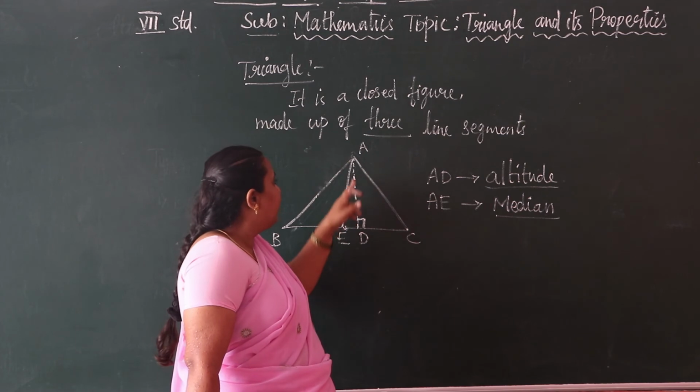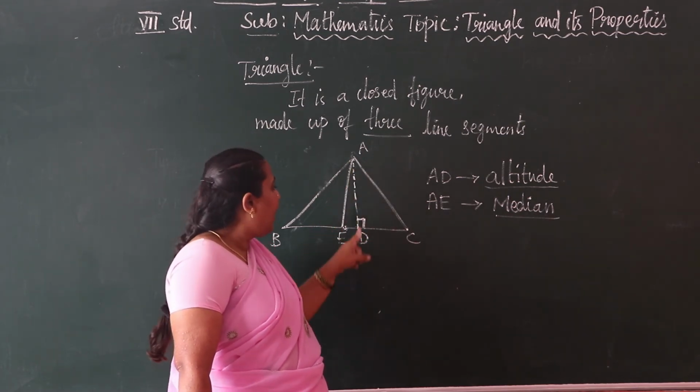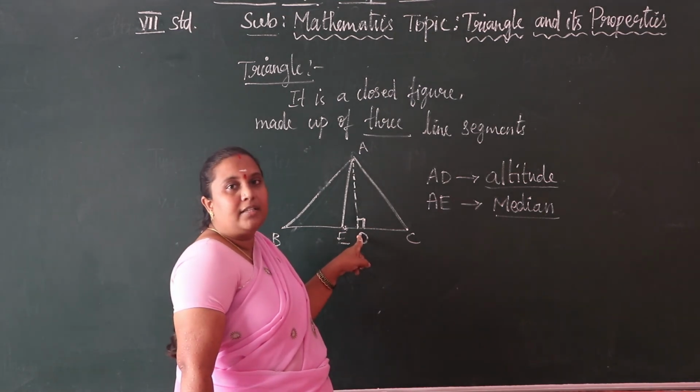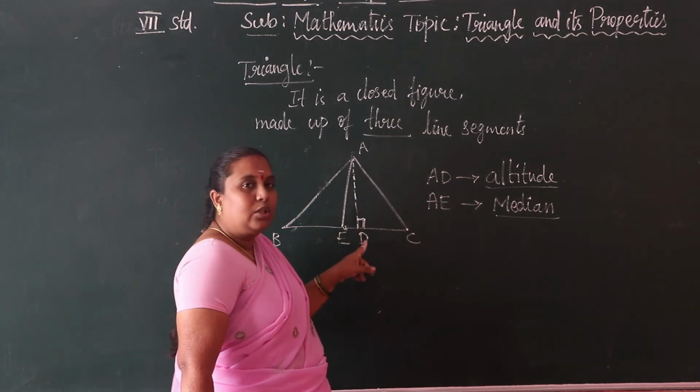The median divides the opposite side equally, but the altitude doesn't divide it into equal parts. So you know the difference now.